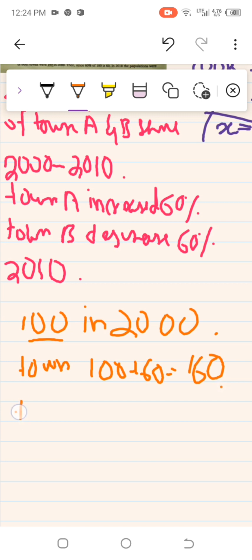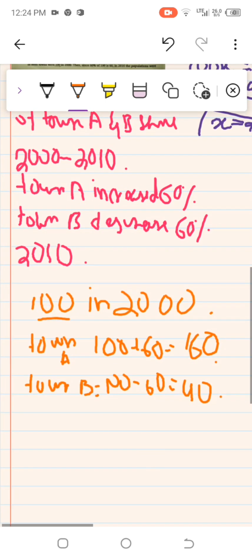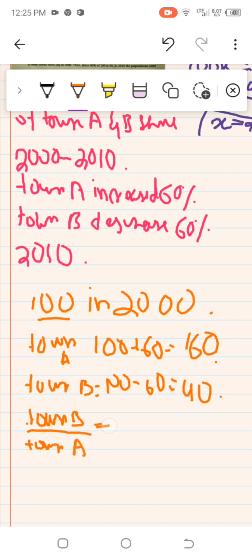And if you talk about town B, the population of town B was decreased by 60%. So this means 100 minus 60 will be what? 40%. So they are asking, in 2010, the population of B is what percent of the population of town A. So this means we're going to solve town B of town A. Town B was 40%.